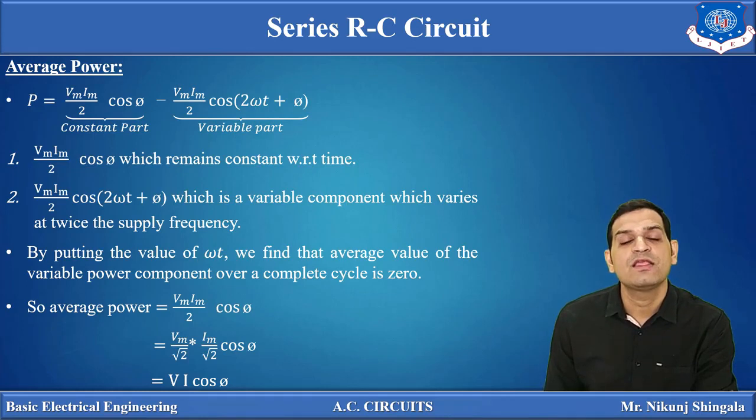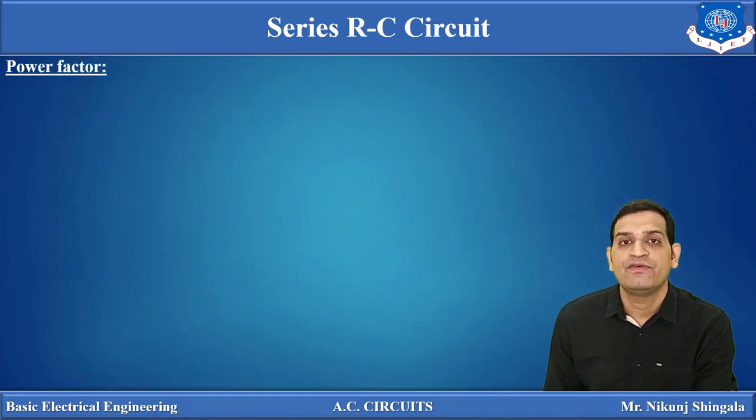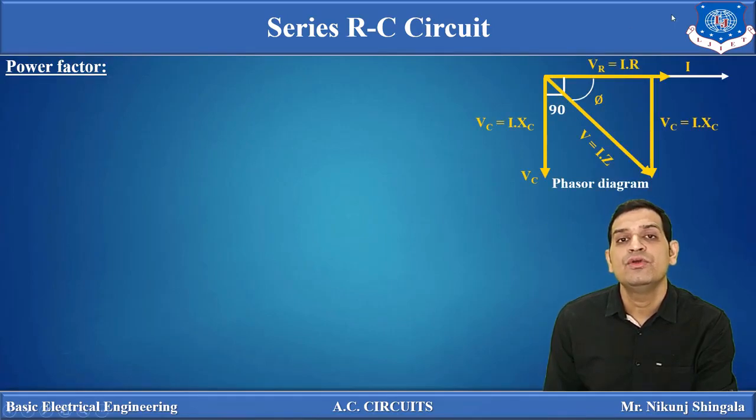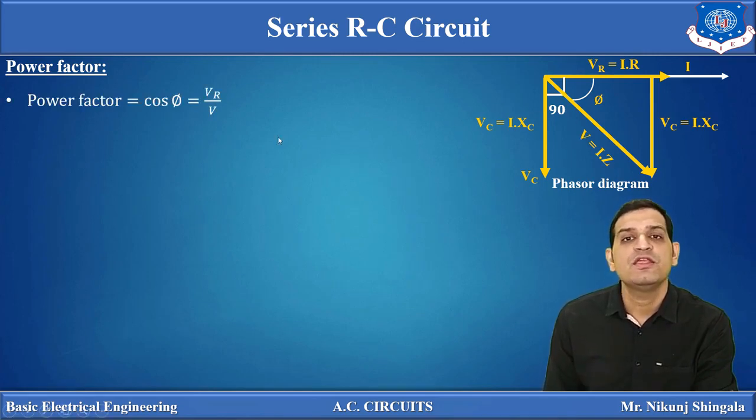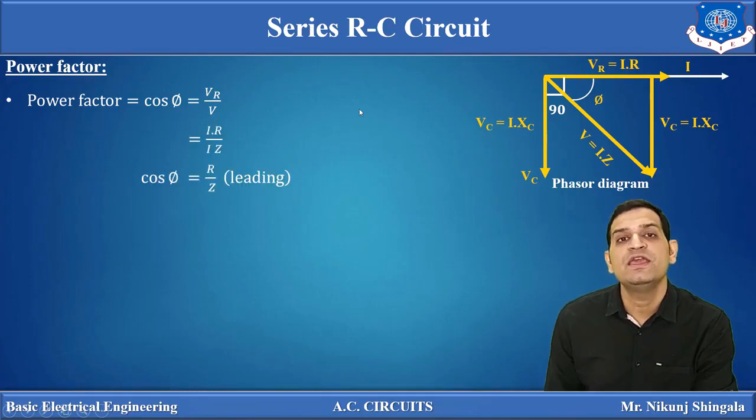Now moving towards the power factor. We know power factor is the cosine of the angle between voltage and resulting current. So to determine the power factor, we have to draw the phasor diagram again, the voltage triangle. Now this is the voltage triangle. From this voltage triangle we can write cos phi is equal to VR divided by V. This is nothing but the power factor for the series RC circuit, and we know VR is nothing but IR and V is nothing but IZ.